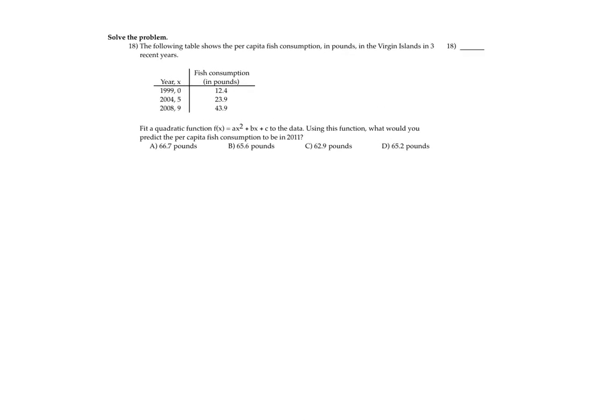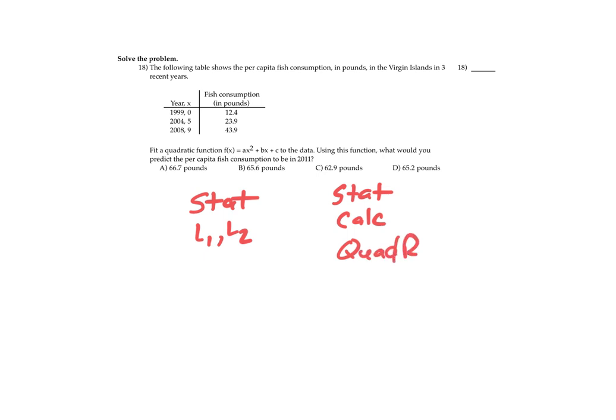And then 18 is where we're going to use the stat function, and that's the one we did yesterday. Stat, you're going to put it into L1 and L2, and then you're going to go to stat, calculate, and QuadReg. Or if it's a Casio, you'll do the x squared, because it says here we want to put it in a quadratic equation.